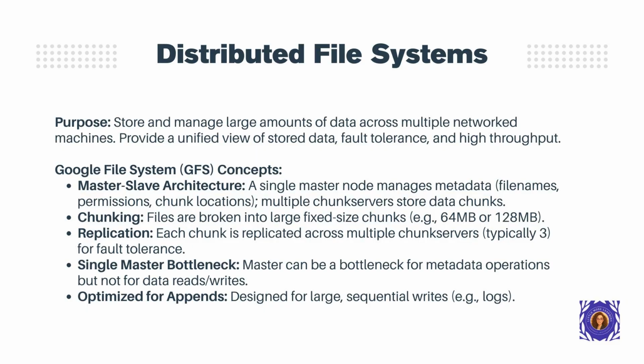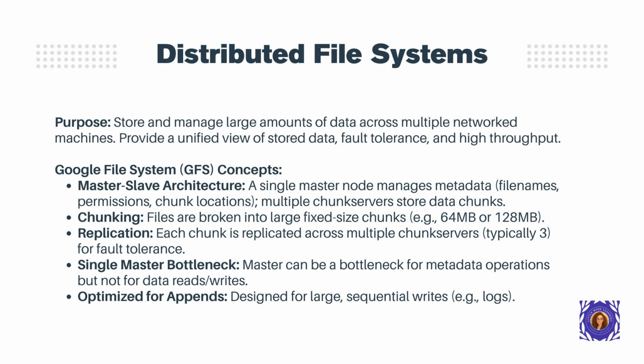To store and manage truly vast amounts of data reliably across large clusters of networked machines, distributed file systems are essential. We'll explore concepts from two pioneering systems, Google File System, GFS, and Hadoop Distributed File System, HDFS. These systems abstract away physical distribution, providing a unified view of data while ensuring fault tolerance and high throughput for massive datasets.